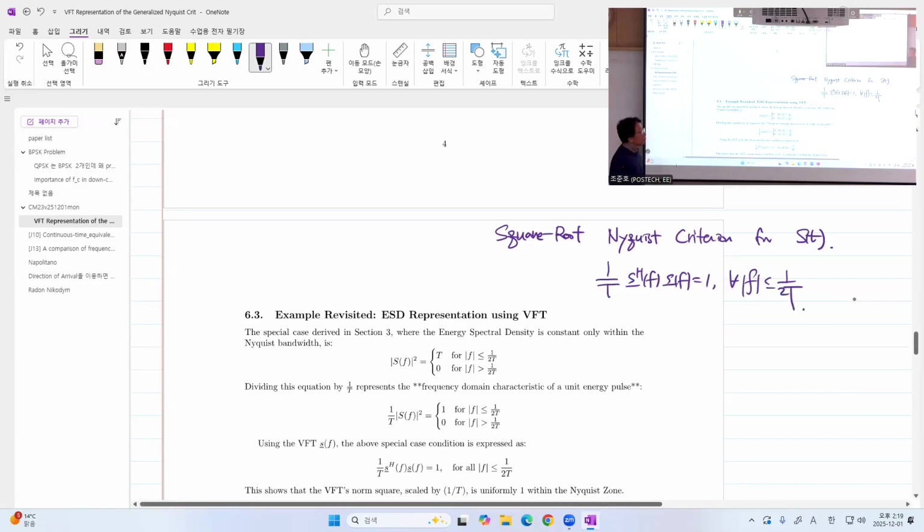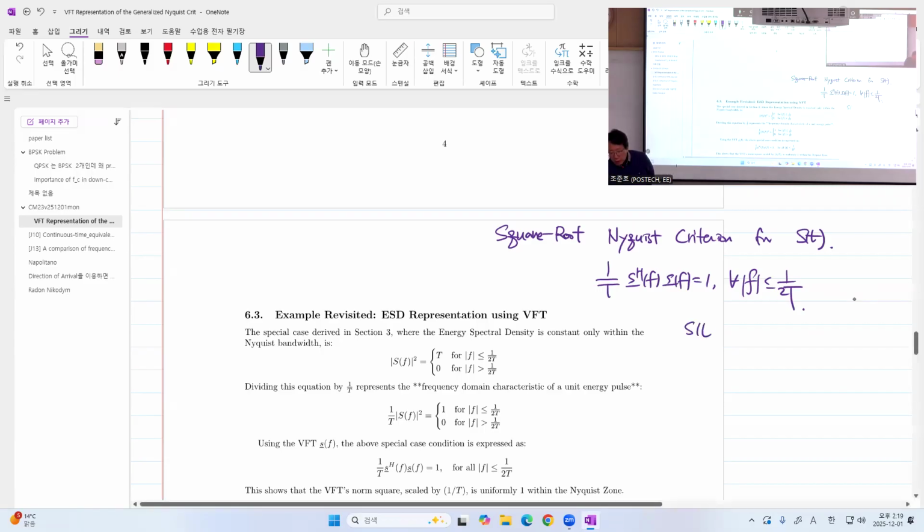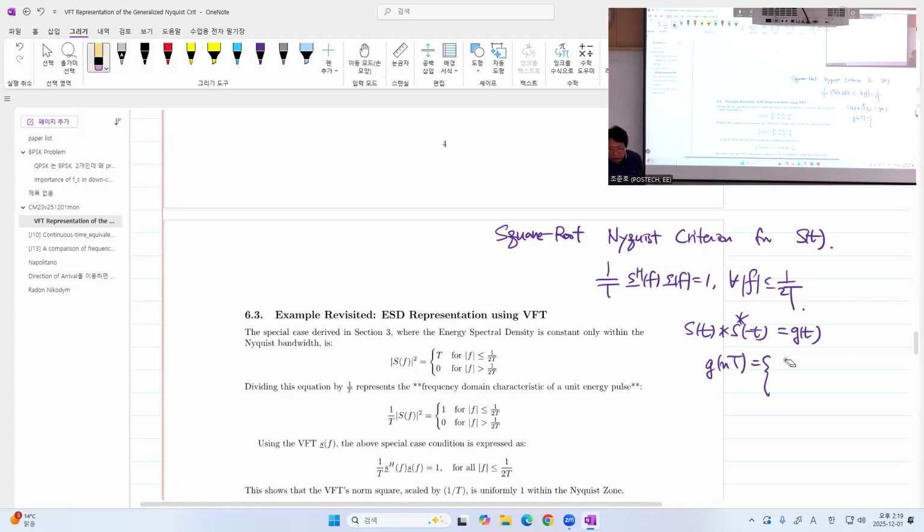So s(t) itself may not be a Nyquist pulse, but s(t) convolved with its time reversed complex conjugate, this pulse here in the derivation denoted by g(t), when sampled at every T, gives you a delta sub n.